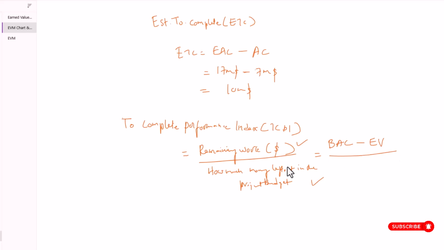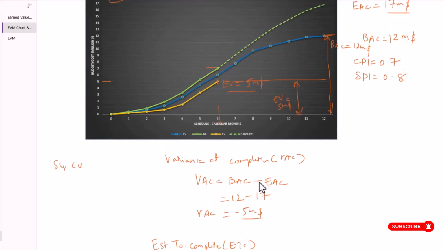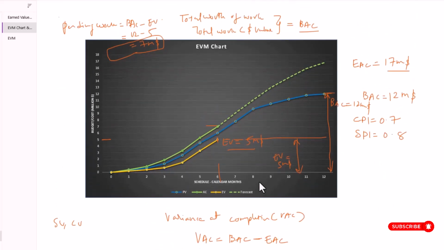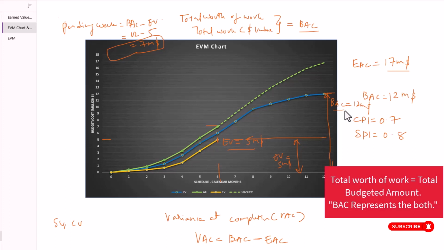Now it's time to find out how much money is there in your budget. Again, the total amount of work you have in your project is represented by the BAC. That reflects your total project budget, isn't it? BAC will help us understand our total cost baseline.